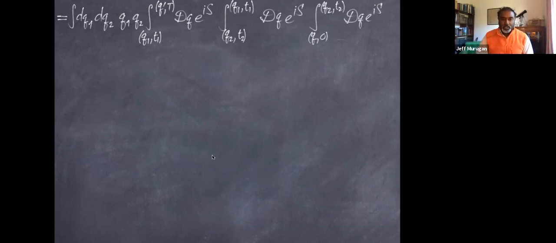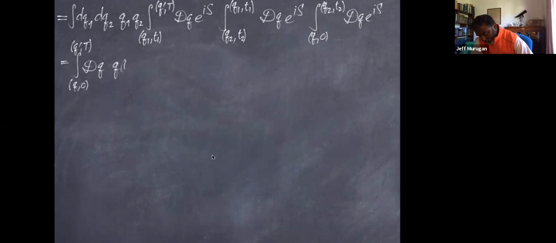And then I can compose these path integrals the same way that I can compose ordinary integrals and write this thing simply as the path integral from q at naught through to q prime at T, dq, q at T1, which is what I was calling q1, q at T2, which is what I was calling q2, e to the iS as the common factor that I take out.